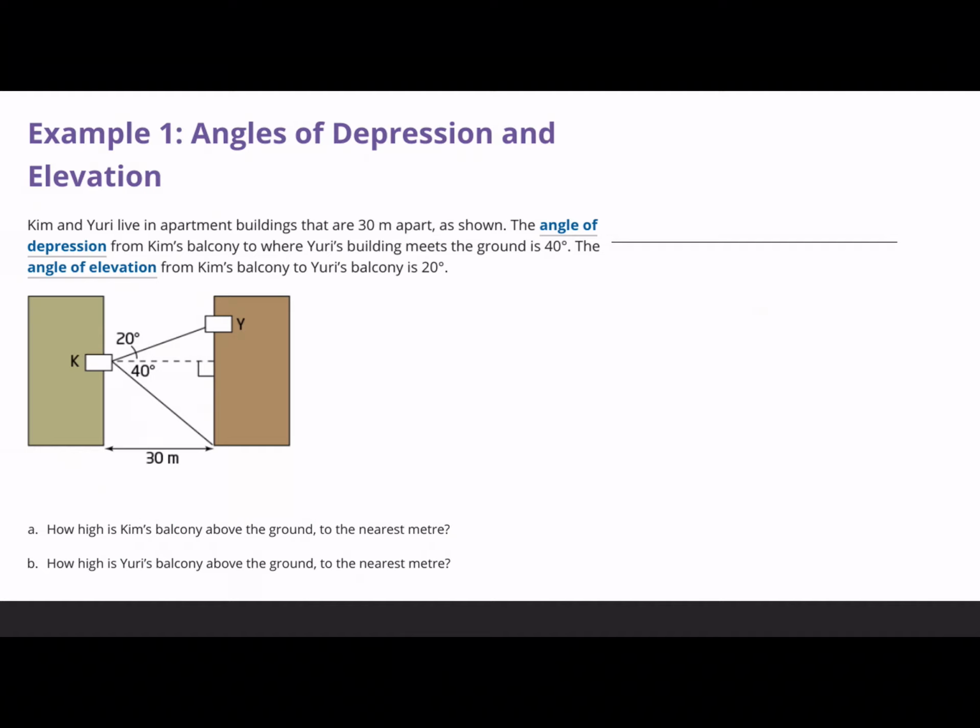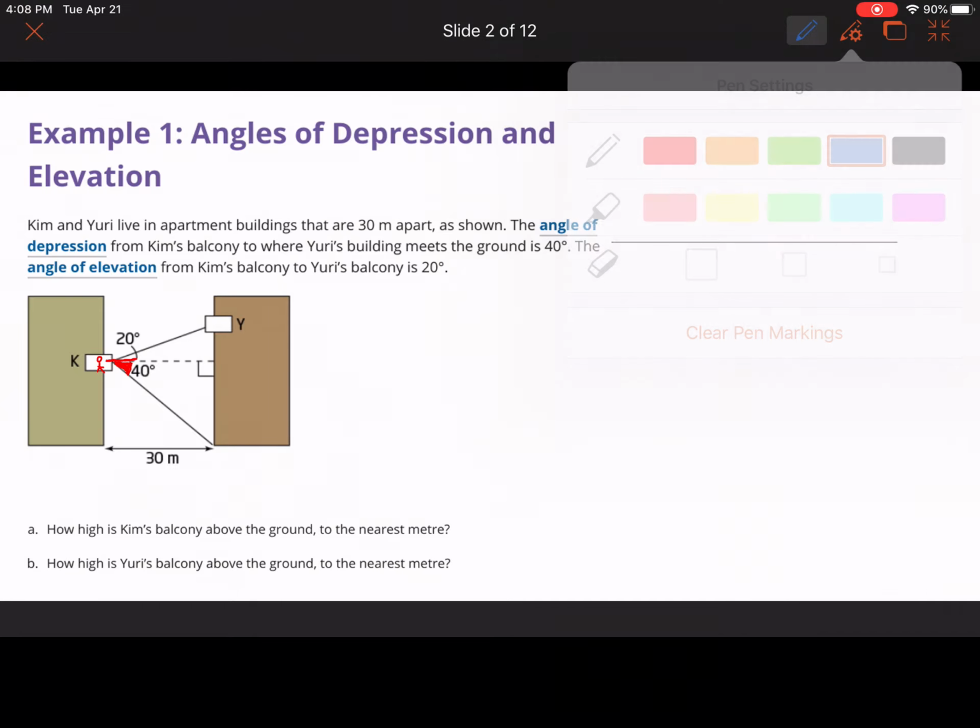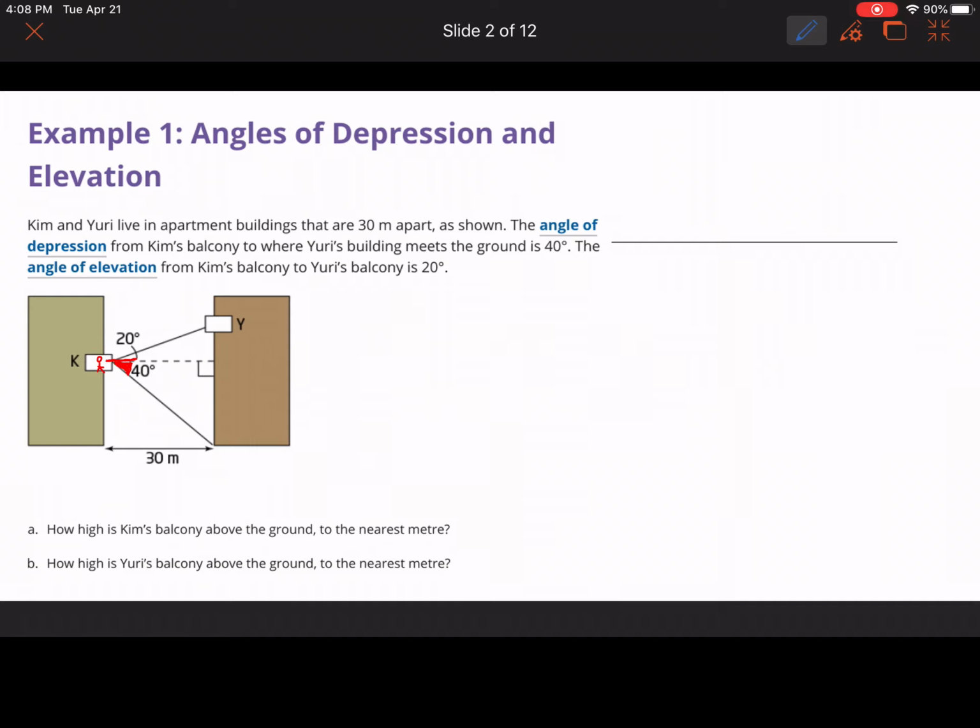And what it means is if you're sitting on Kim's balcony and you're looking straight across, parallel to the ground, you've got a 40-degree angle to the bottom of Yuri's building. Now, if you're also sitting on Kim's balcony and you're looking straight across up to Yuri's balcony, you're looking at a 20-degree angle.